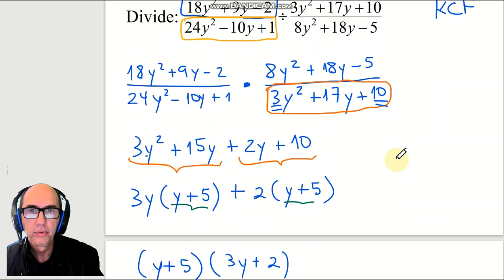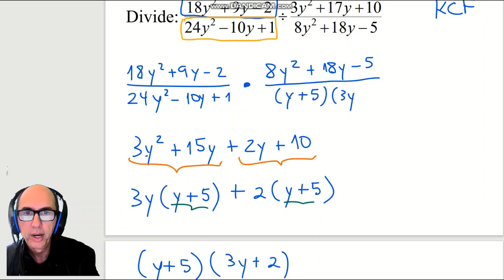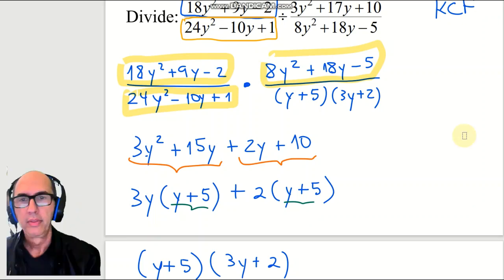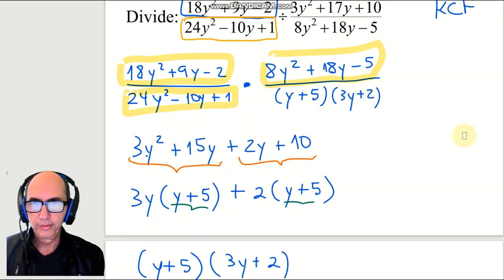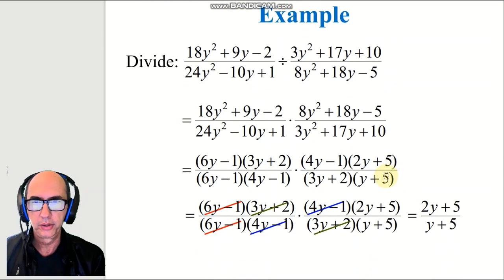Now, if we come to this expression, you can replace it by (y plus 5) times (3y plus 2). And you're going to do the same thing for this, and this, and this. Okay, the same operation. This example is kind of hard and long, but let me show the whole thing, how it looks. See?